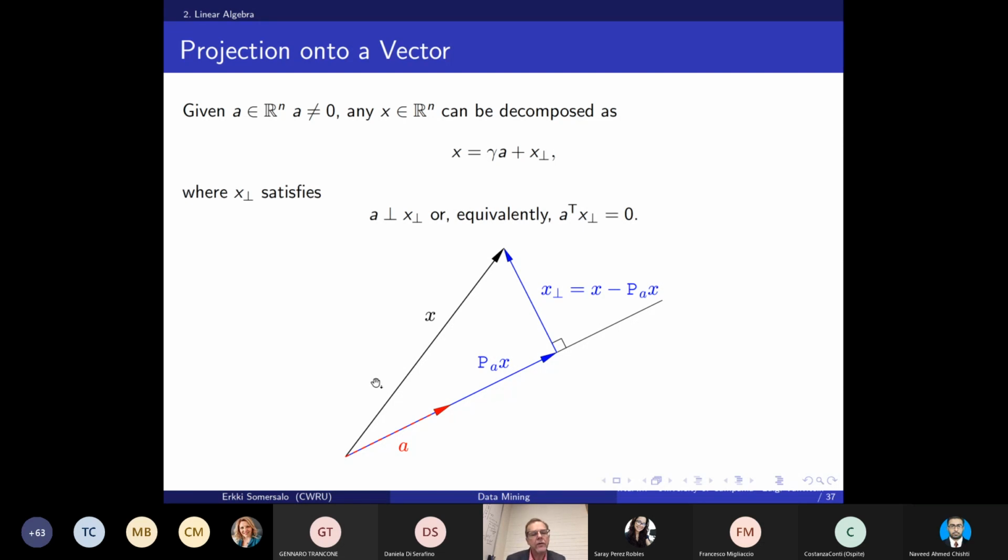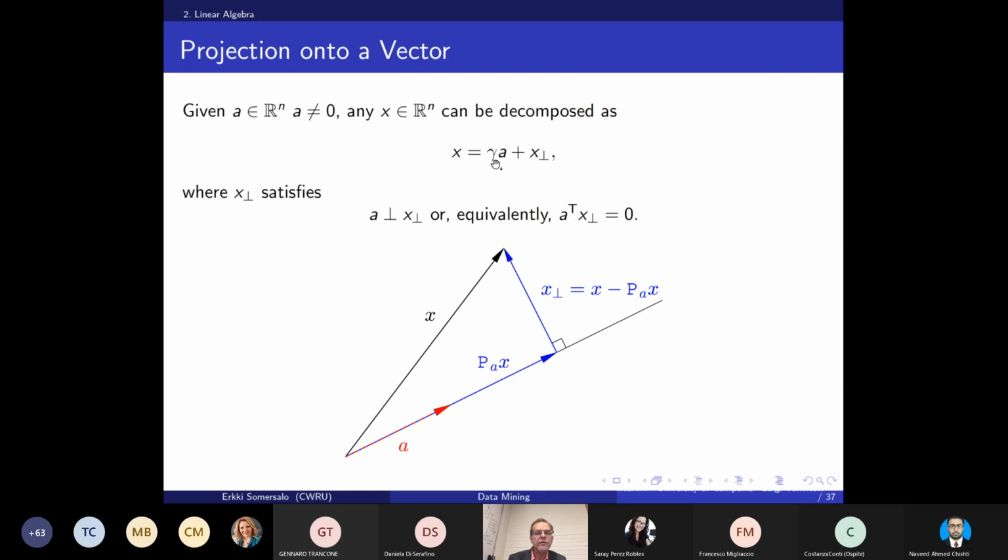So let's look at two vectors, A and x. I'm referring to this picture here. I can always decompose my x, which is an arbitrary vector in Rn, in two pieces. One is parallel to A, so it's some scalar gamma times A, plus the remainder.